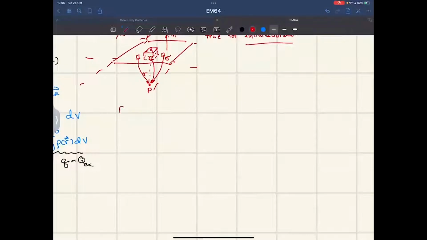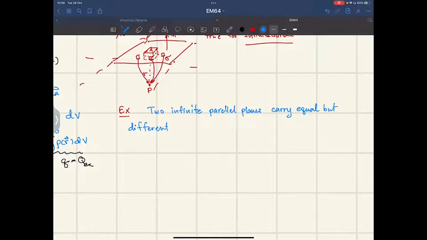Now let's look at another example. We have two infinite, and it's really important that you say infinite, parallel planes, and they both carry equal but opposite uniform charge density, plus and minus sigma.